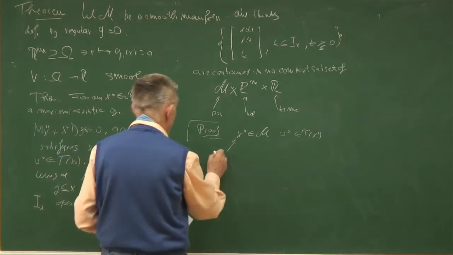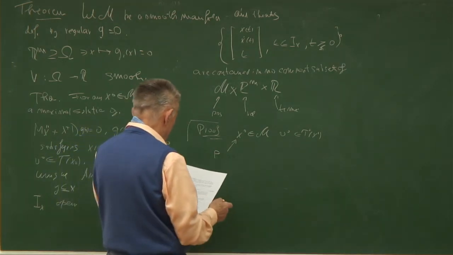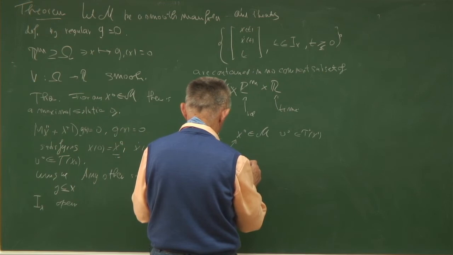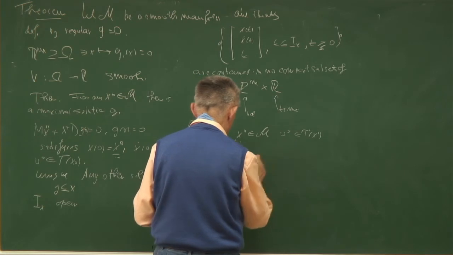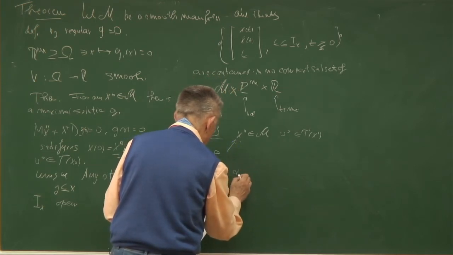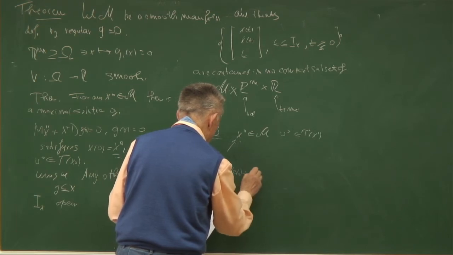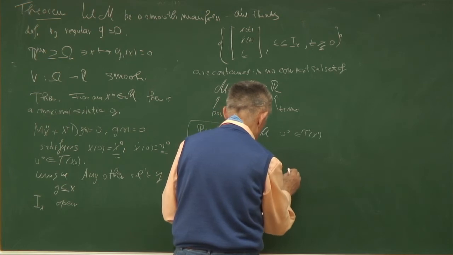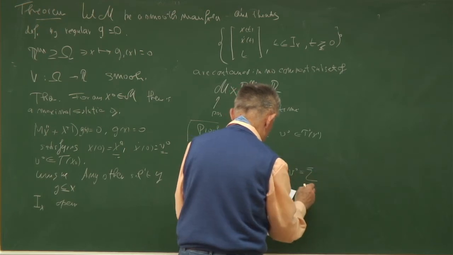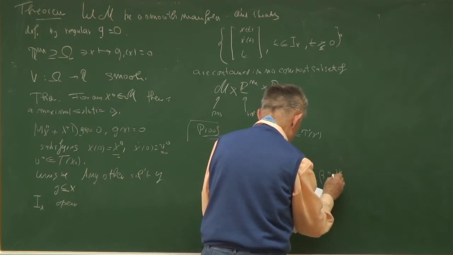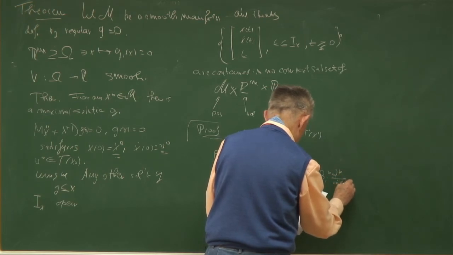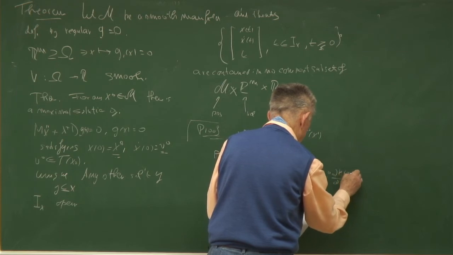We have a parameterization P such that to this x0 and v0 there correspond unique alpha 0 such that p of alpha 0 is x0 and v0 is sum of beta I 0 dp d alpha I taken at alpha 0.